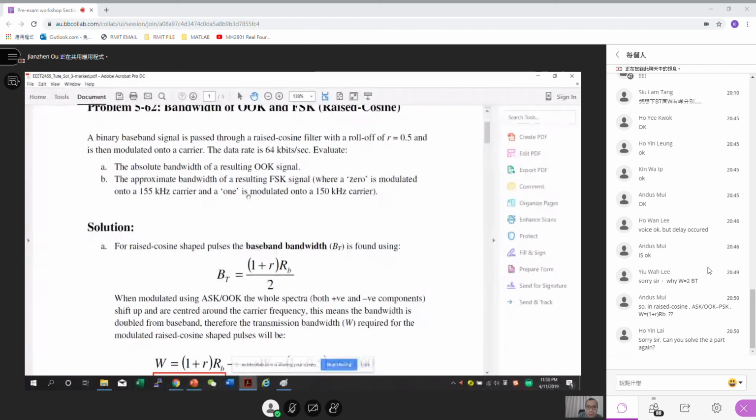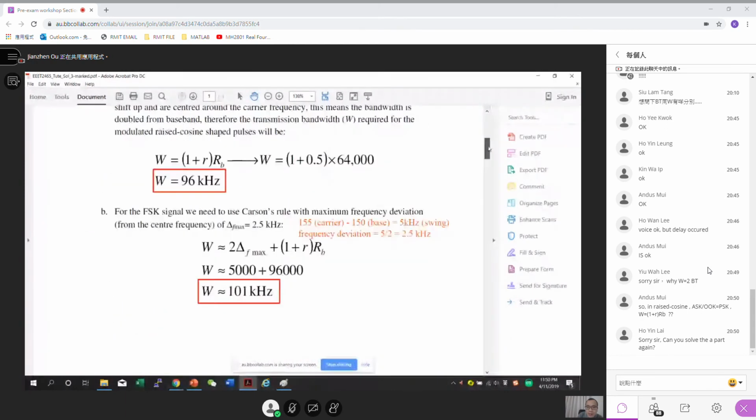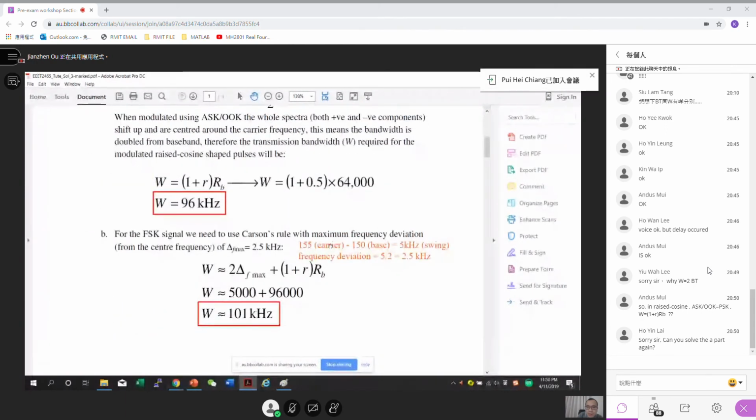And for the one, the peak of one modulated, it's at a 150 kilohertz carrier. So the absolute difference is 155 minus 150, which is equal to 5 kilohertz. But don't forget, this is the swing up and down for the peak 1 and 0. So the maximum frequency deviation is 5 kilohertz divided by 2, which is equal to 2.5 kilohertz. That's where the delta F max comes from.